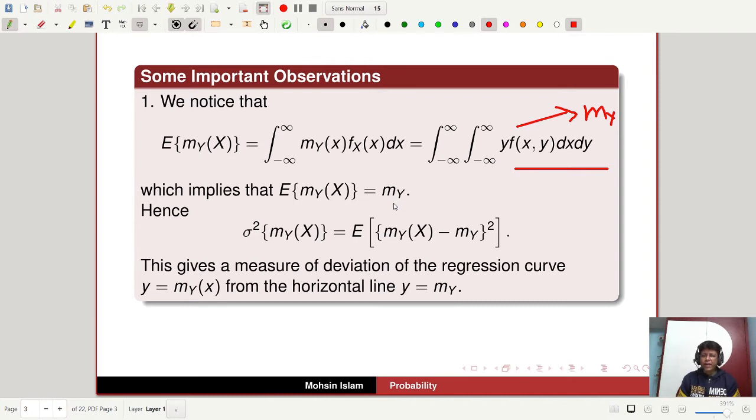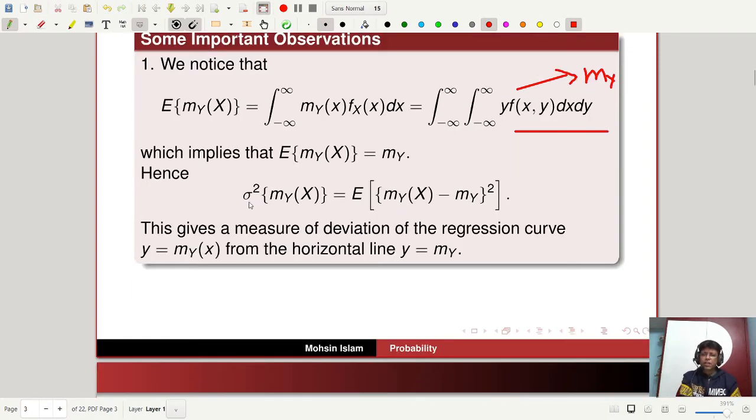Hence, if you take σ² of μ_y|x, that is the variance, it is equal to the expectation of {μ_y|x minus μ_y} whole squared. Variance is the measure of dispersion, deviation from the mean.